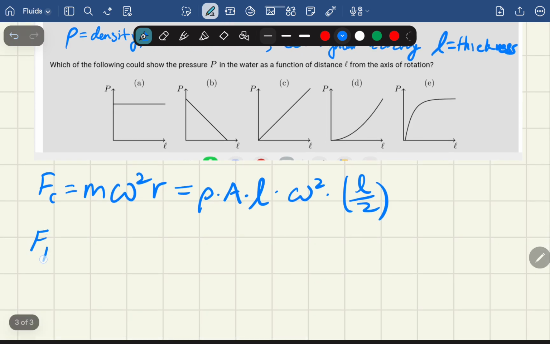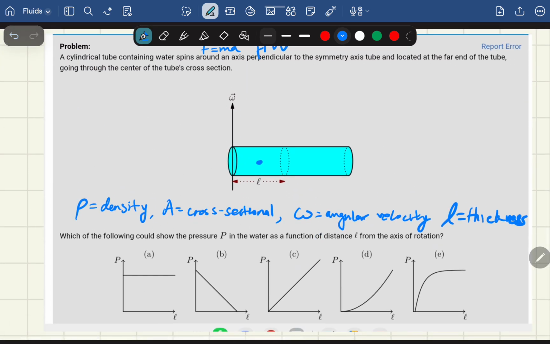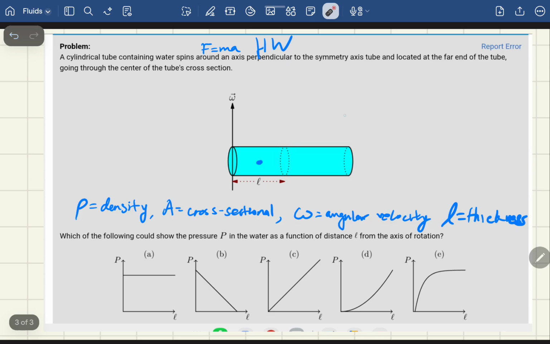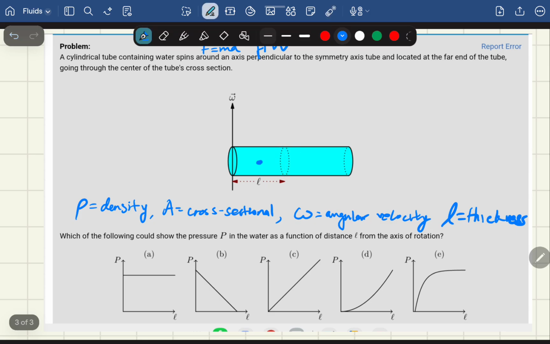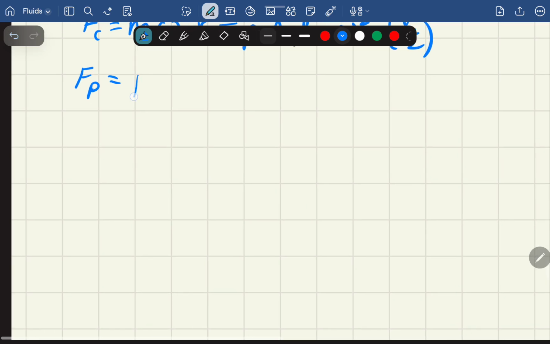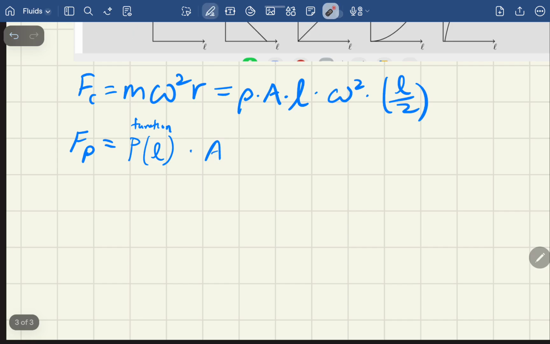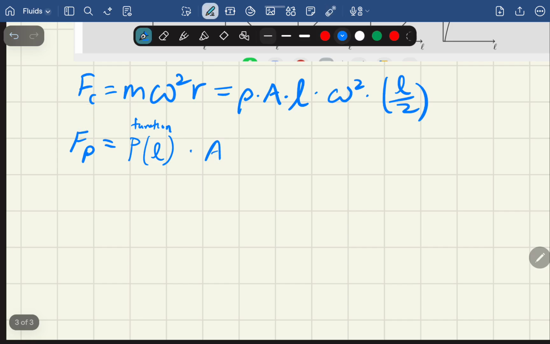And then the force due to the water pressure is just going to be the pressure at this point times the area of the cross-section. So as a function, we have P of L. This is not P times L, this is P of L, a function times area. And we can set these equal.